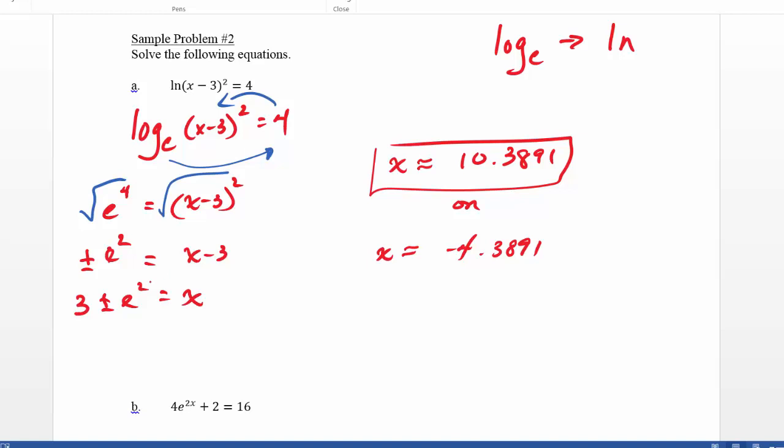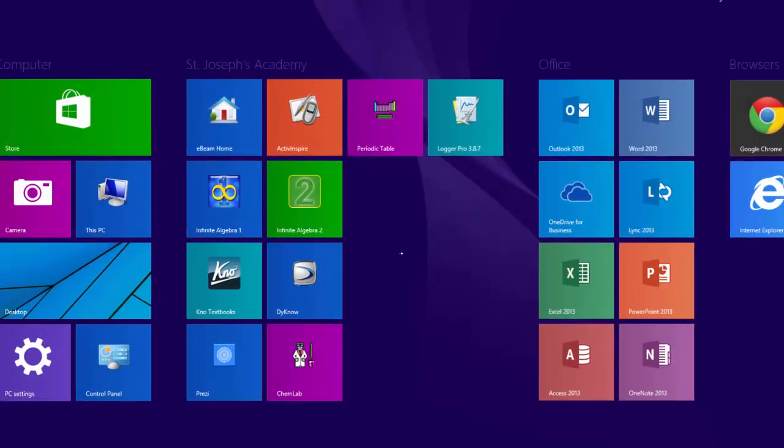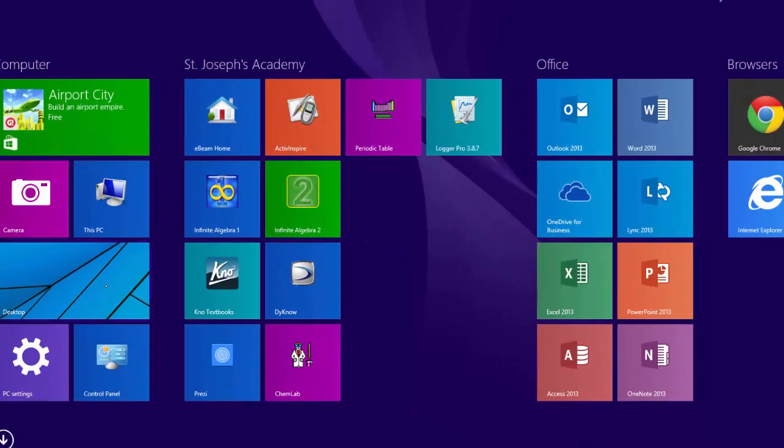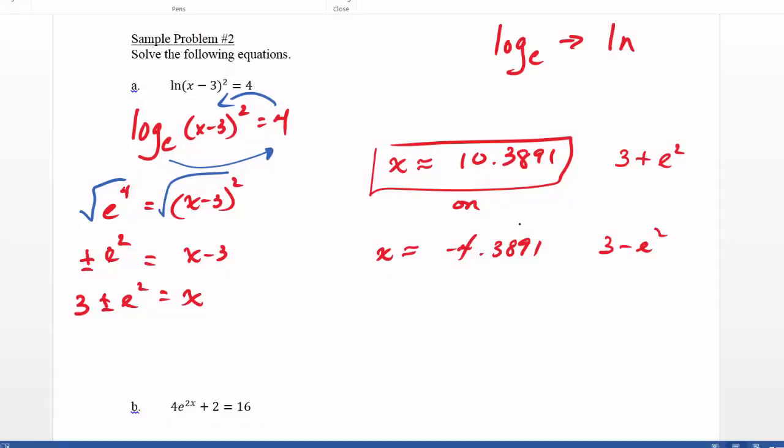If you want to go back and plug in the actual values, what I would do is plug in the exact values for x to see if it gives you a true or false statement. And so what you'll see is that this is actually an extraneous solution.